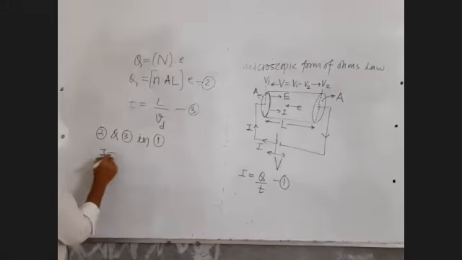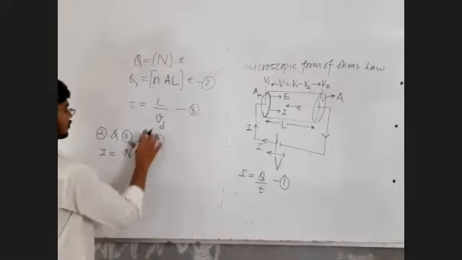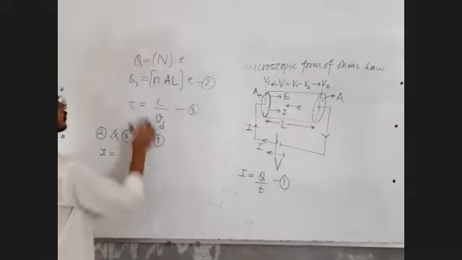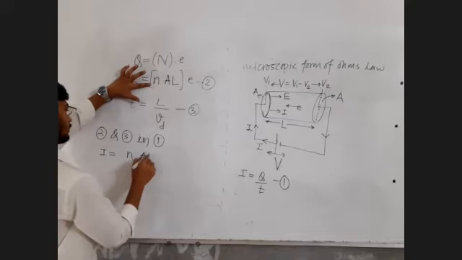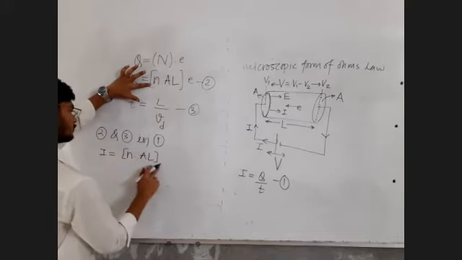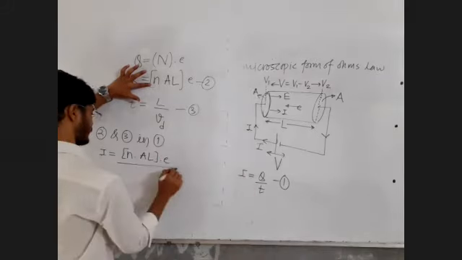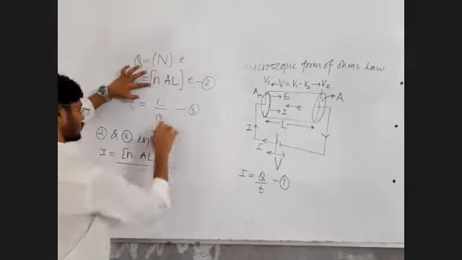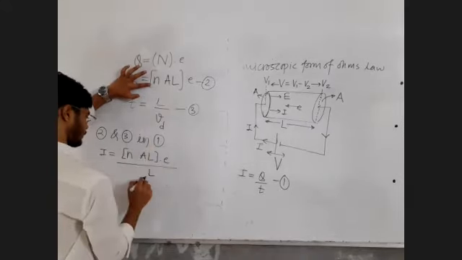So the current through the conductor is equal to the charge, which I have derived as the number of electrons per unit volume into my volume. This gives me the total number of electrons into charge on a single electron. This is the charge divided by the time, which is equal to L upon Vd.